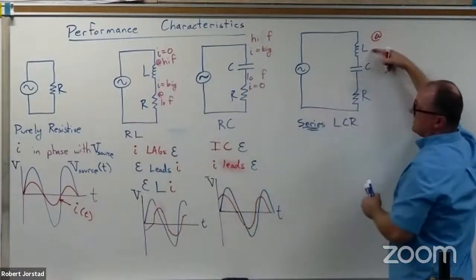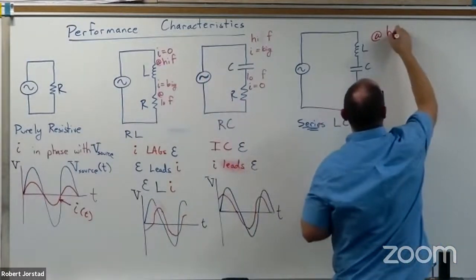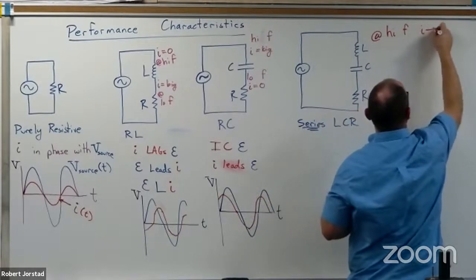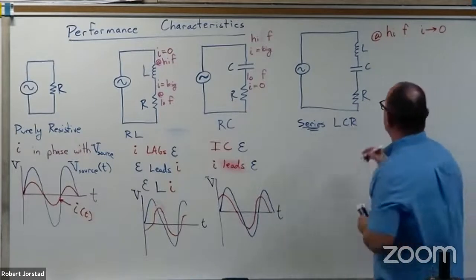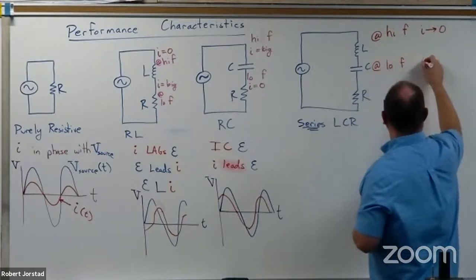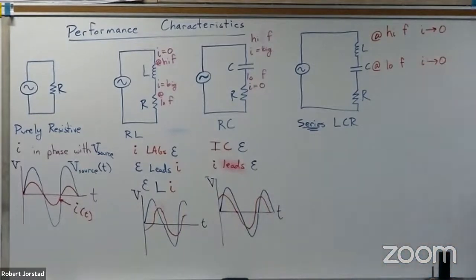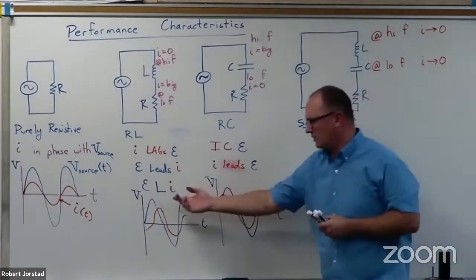We know what the inductor does. At high frequencies, the current goes to zero. We know what the capacitor does. At low frequencies, current goes to zero. So this is going to be tricky. Furthermore, it's not clear which thing will lead.